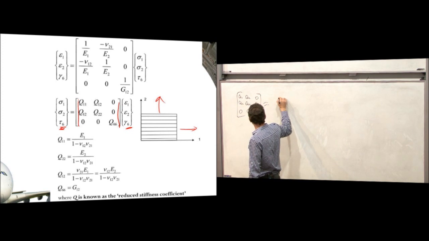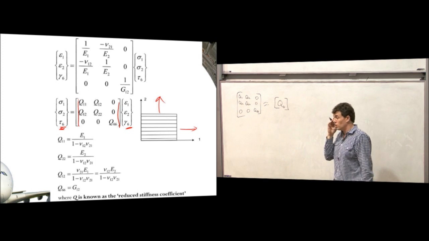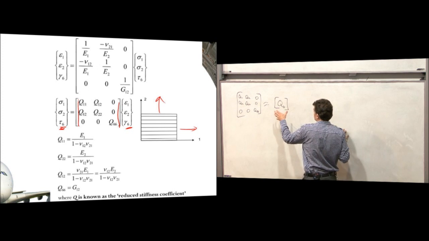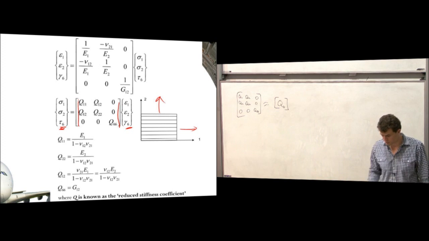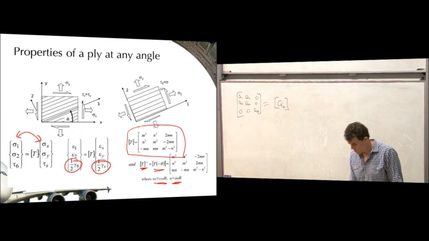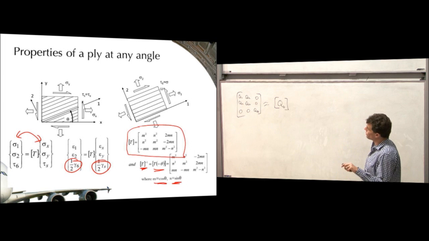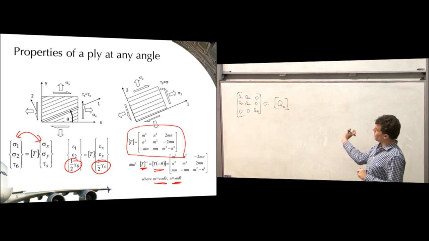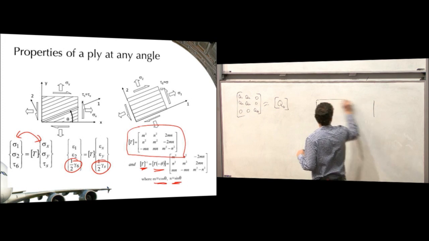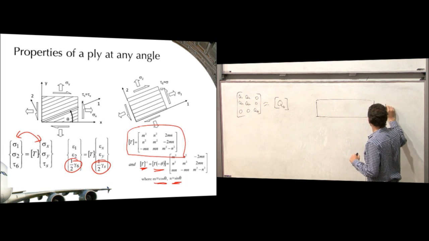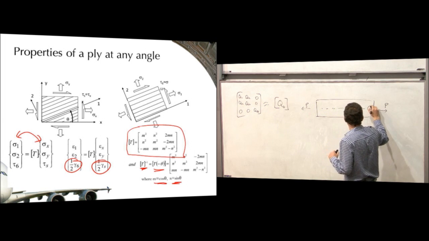So for the sake of this calculation, I'm just going to call this thing Q0, the Q in the coordinate system of the material. The reason I use naught is because we tend to define the primary load axis as 0 degrees, and then anything from that we rotate around anti-clockwise through theta. So if I had a single load on a component, I would call this axis 0 degrees.